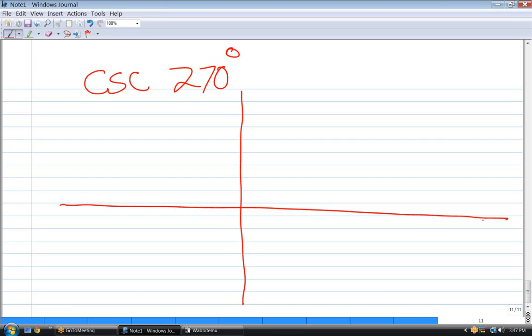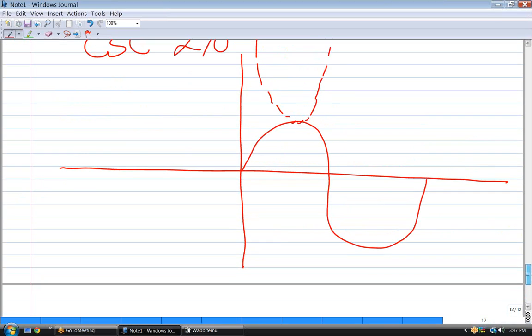So let's draw the sine curve. And we know that the cosecant sits on top of the peaks and on the bottom of the valleys. So there's the cosecant curve. So what is the cosecant of 270 degrees? -1.